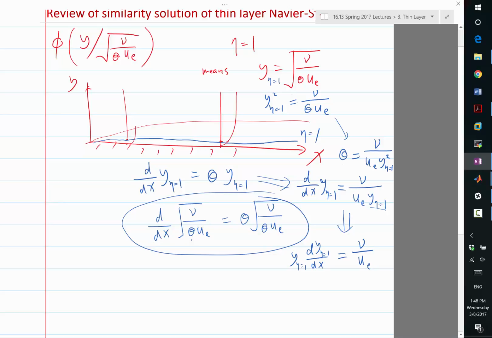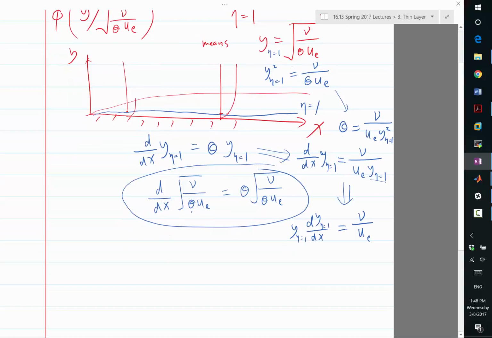It's equal to a constant. So that constant is going to be equal to half of the derivative of y at eta equal to 1, squared.